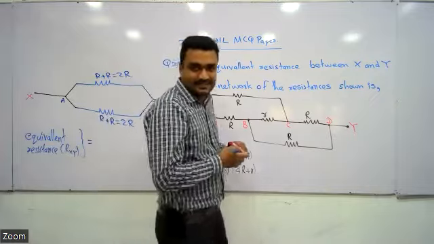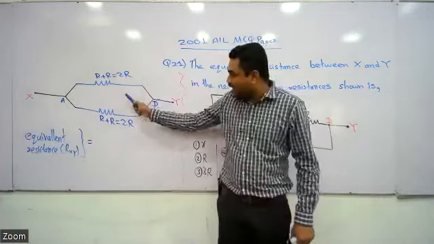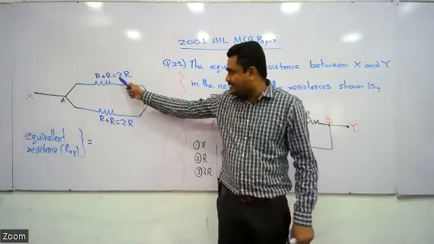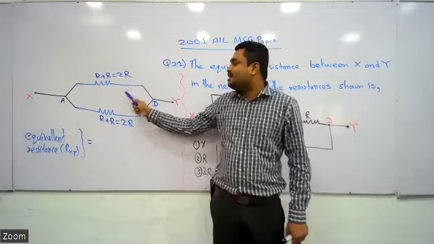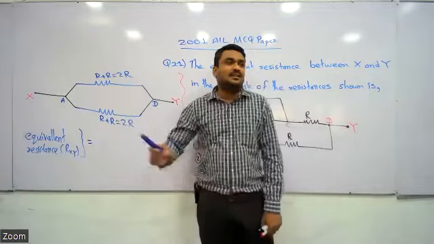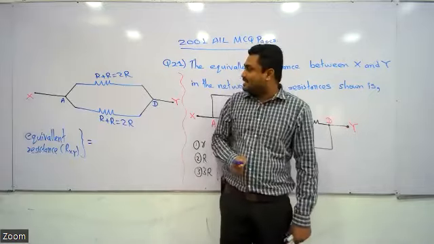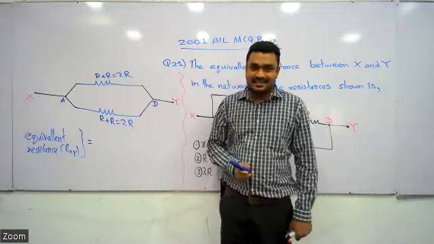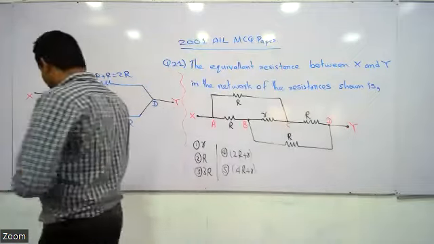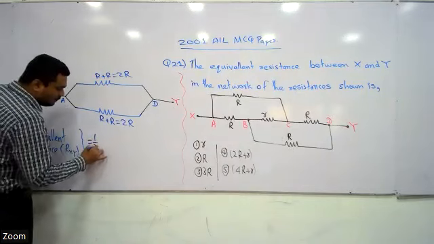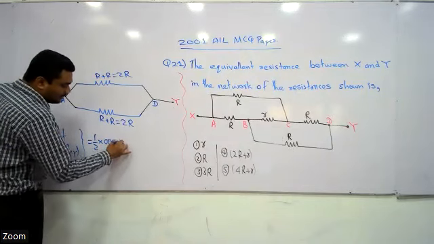Do you remember that theory? When two equal resistors, this is 2R, this is also 2R, are connected in parallel, the equivalent resistance is one of the resistances divided by 2, half.